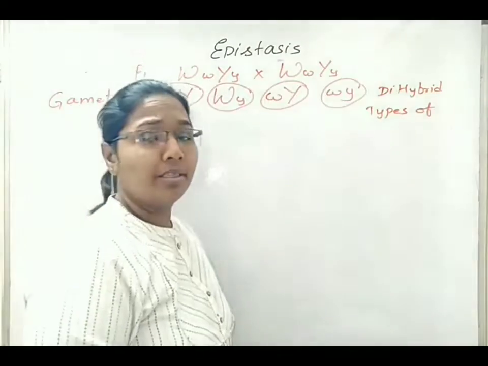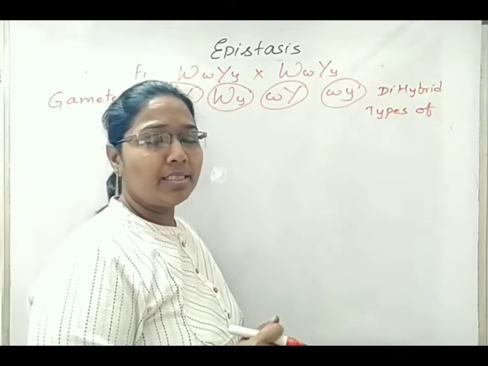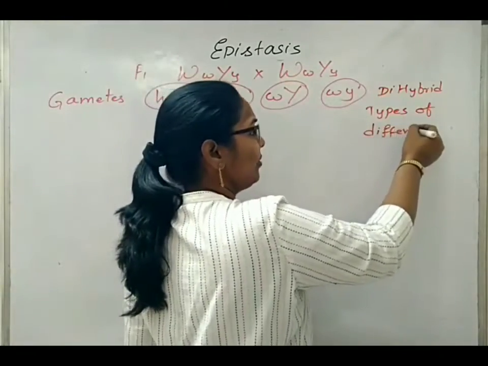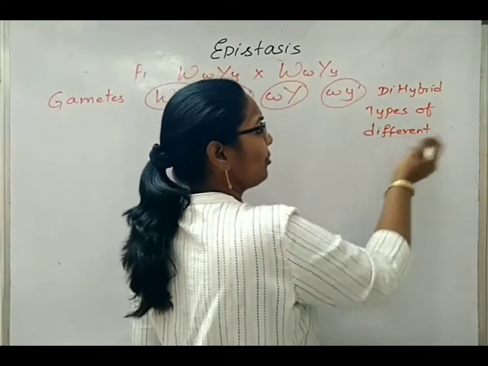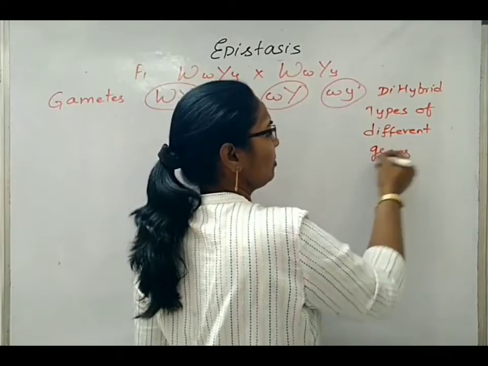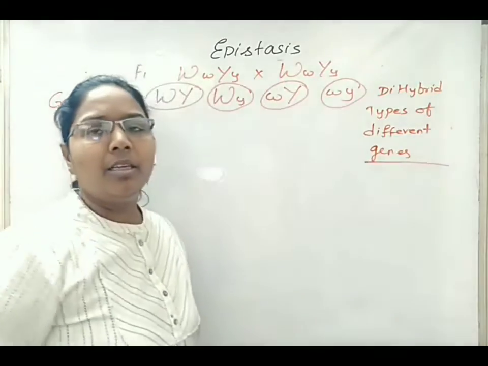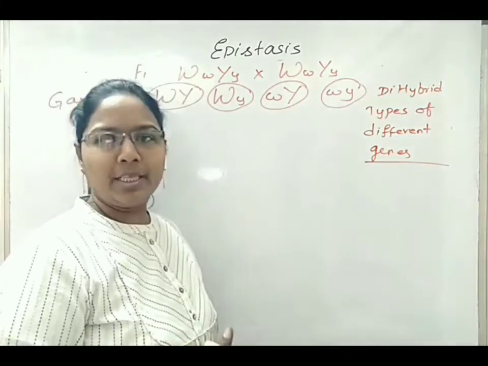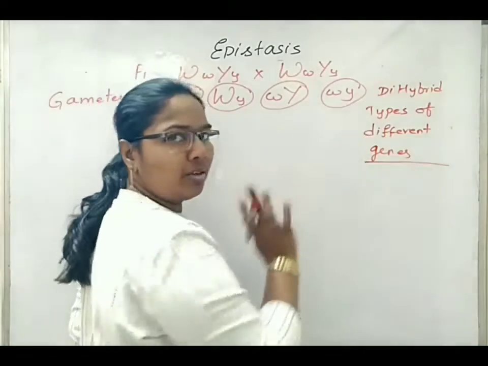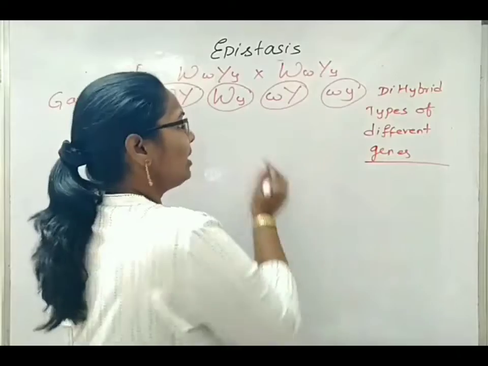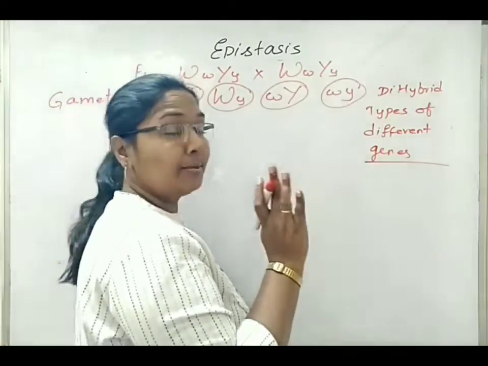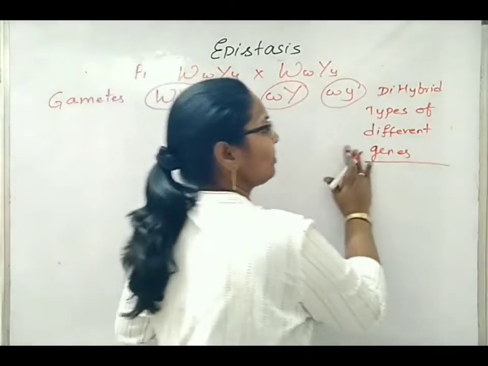Sometimes in the questions I have seen the examiner is asking about the types of different genes, they are using this term. I have seen this question in one of the practice materials. When they have used such a word combination in framing a sentence, it just means: what are the types? Okay.